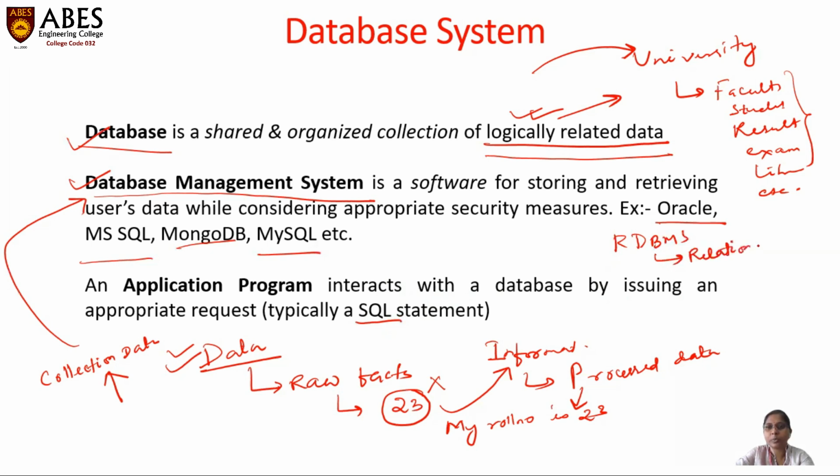In a Relational Database Management System, we store our data in the form of relations, or we can say tables. To manipulate data stored in the table, to store, retrieve, or do other operations like update, we use a query language known as structured query language.